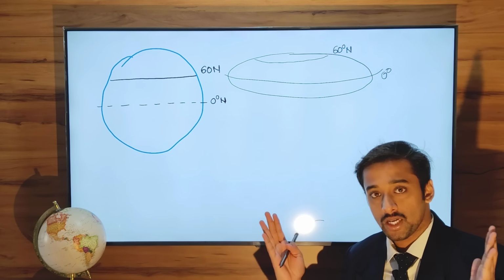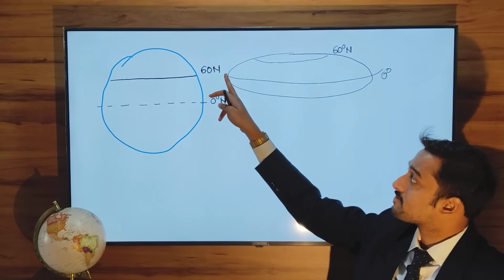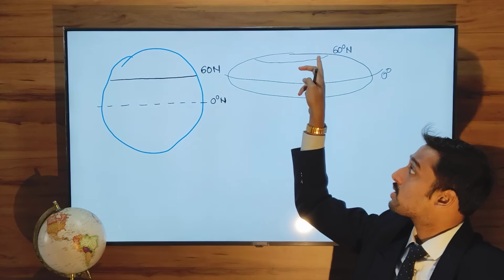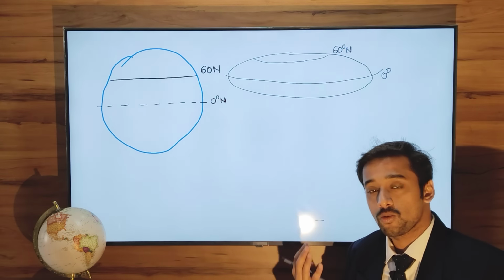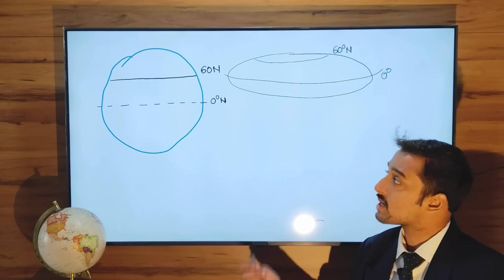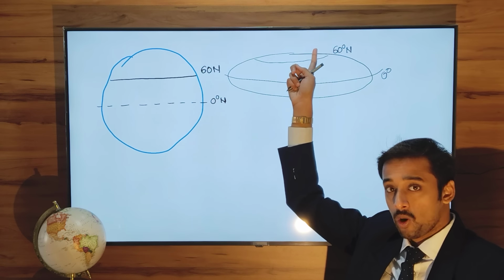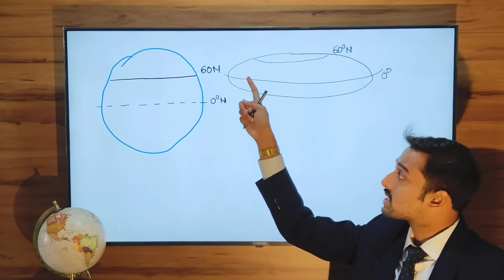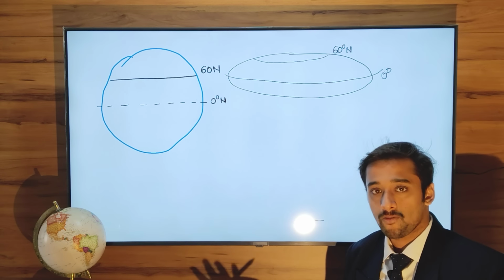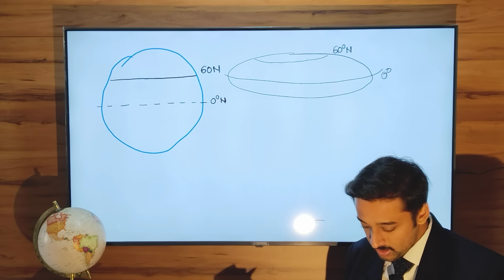The equator is bulging, so the equator has more area, and at 60 degrees north, as we go towards the north pole or south pole, there is compression of the earth, so the distance that you cover in 360 degrees at 60 north will definitely be lesser than the distance that you will cover along the equator, purely because of the shape of the earth.